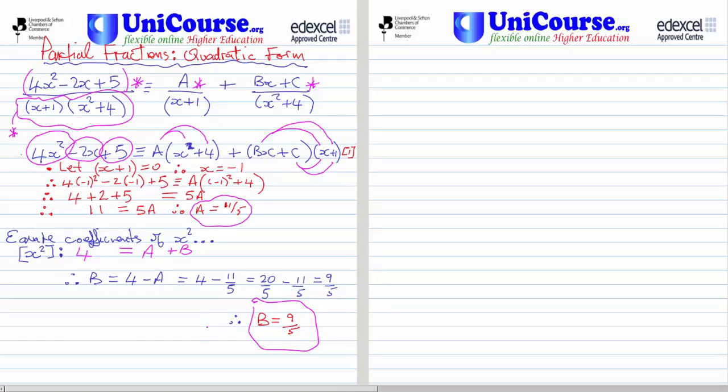So what do you think we should do next? Well, we've just found an expression by equating coefficients of x squared. Maybe it's a good idea now to possibly equate coefficients. Have a guess what I'm writing.